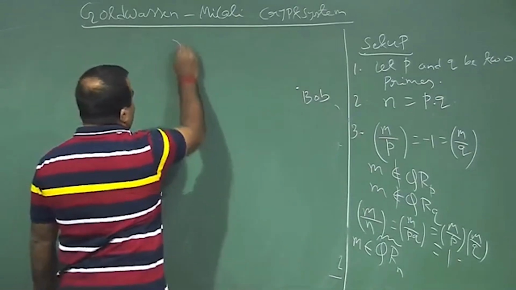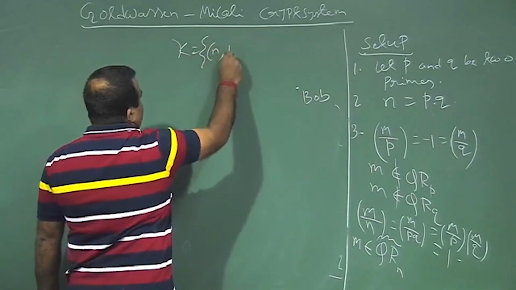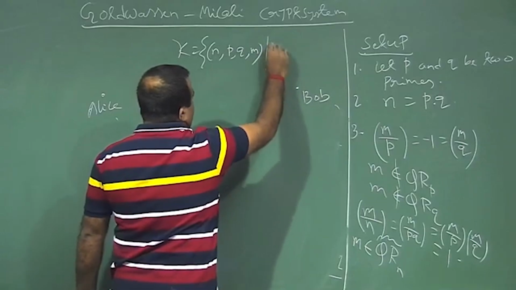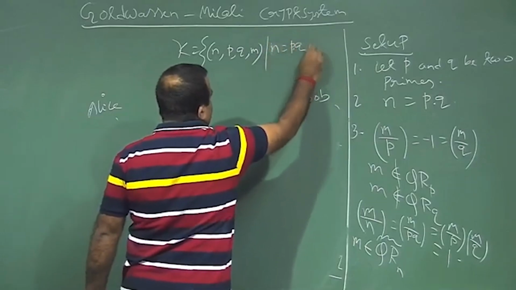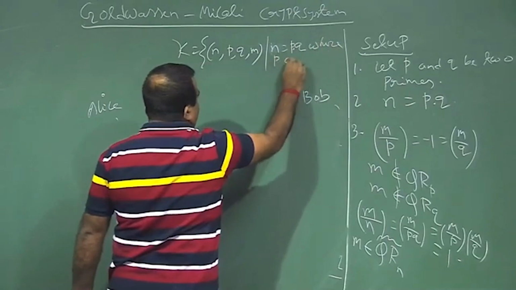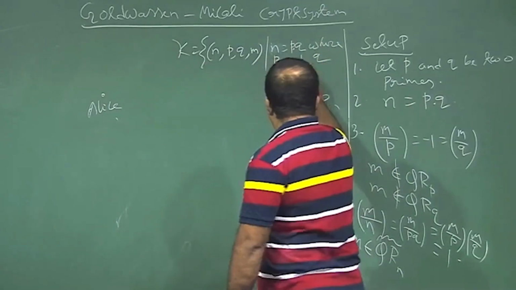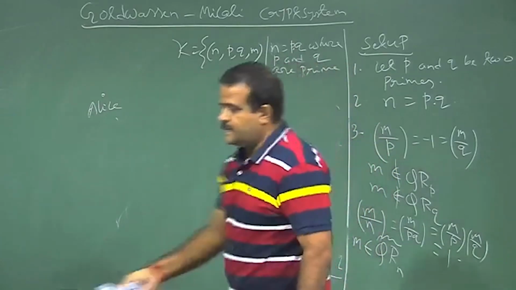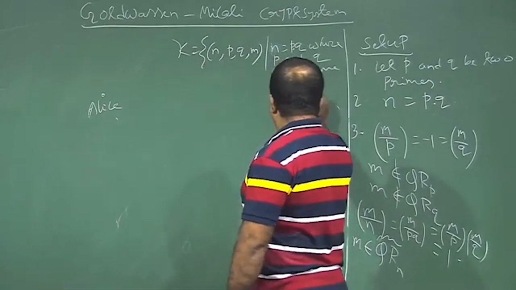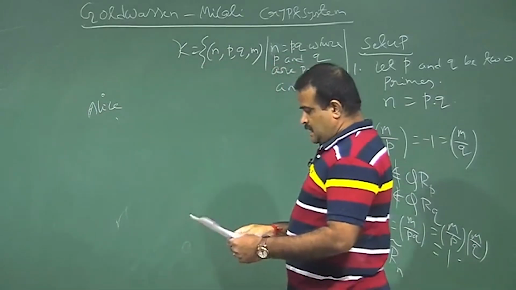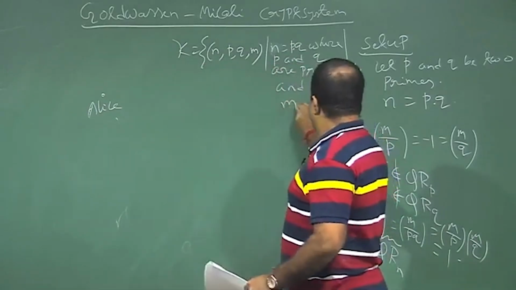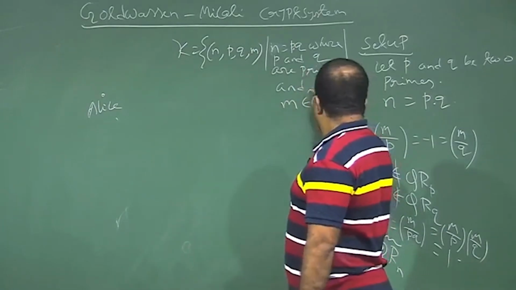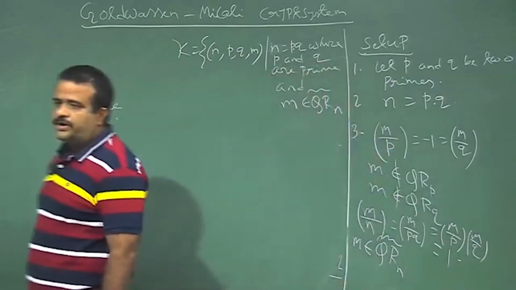Bob's key set is N, P, Q, M such that N is equal to P times Q, where P and Q are prime, and M is chosen to be in the pseudo quadratic residues.